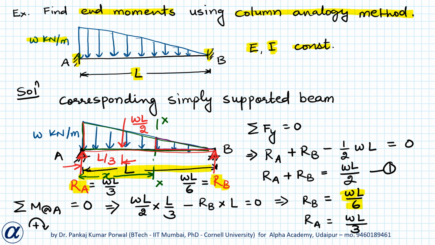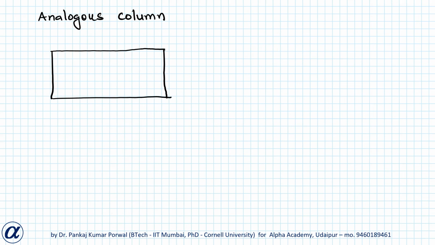Analogous column will be a short column with width L and breadth 1 upon EI. So let's say this is the cross section, this is width L and breadth will be 1 upon EI, and this is the cross section or top view.